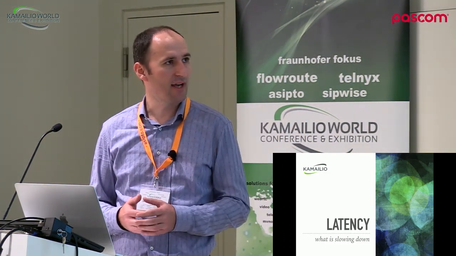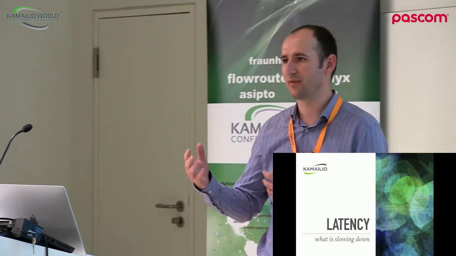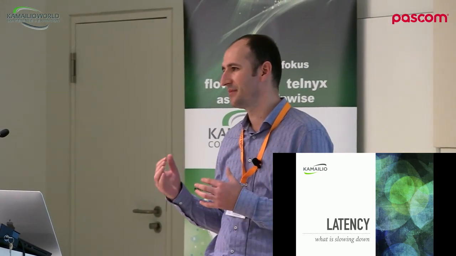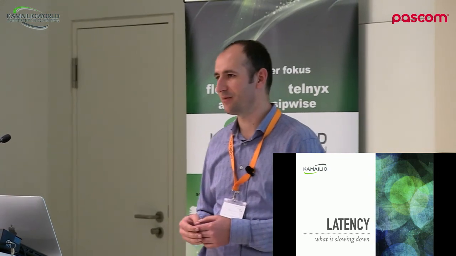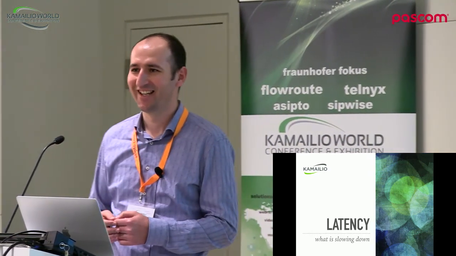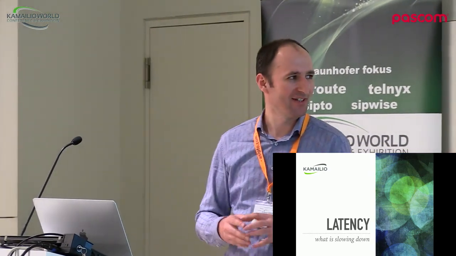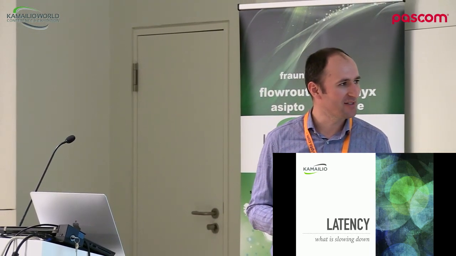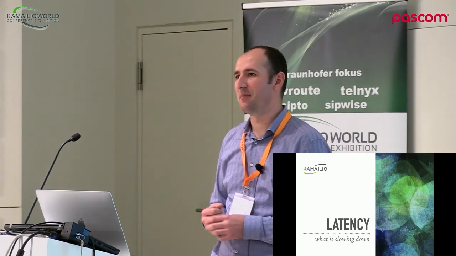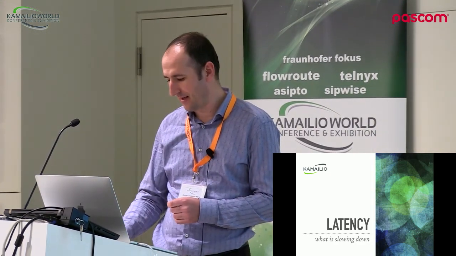So first to look at is latency. So what's slowing down? You have this beautiful configuration file, 20,000 lines, right, Sipwise, or Kazoo, or whatever other large deployments are out there. And then maybe it's not that easy to spot what's really not running that fast.